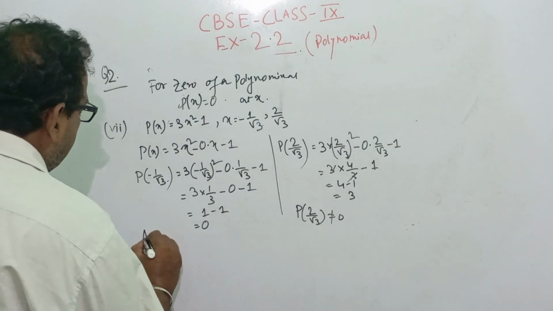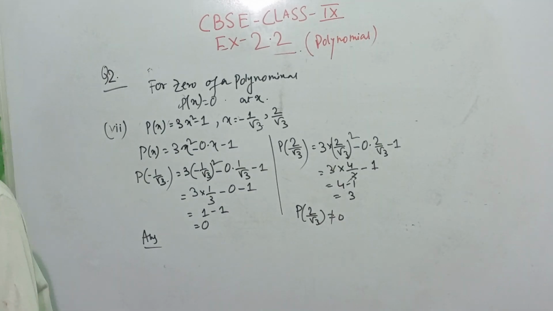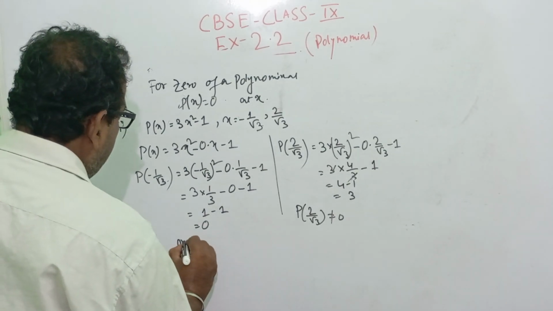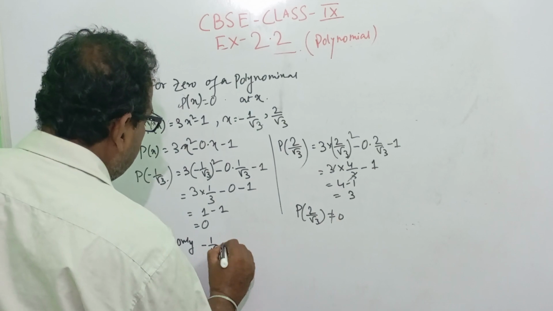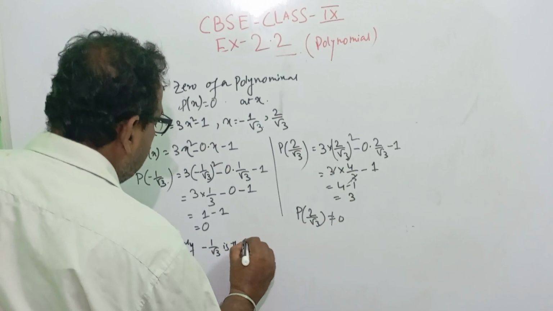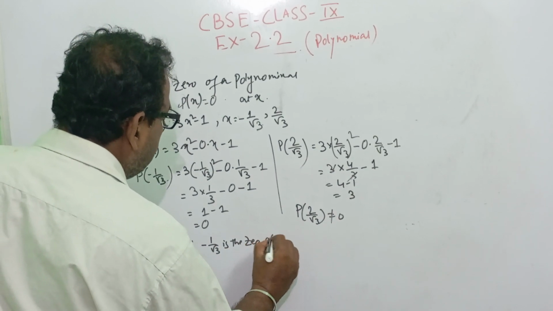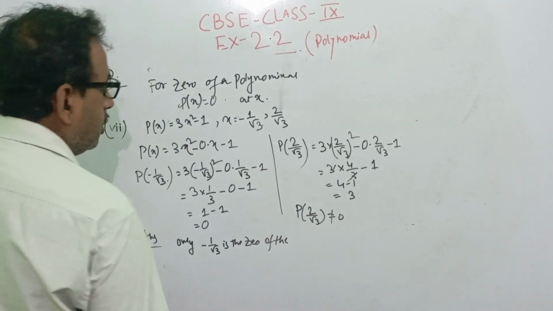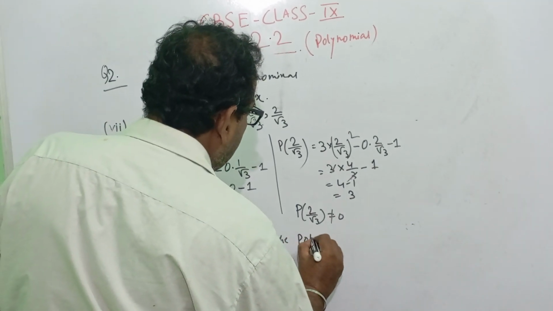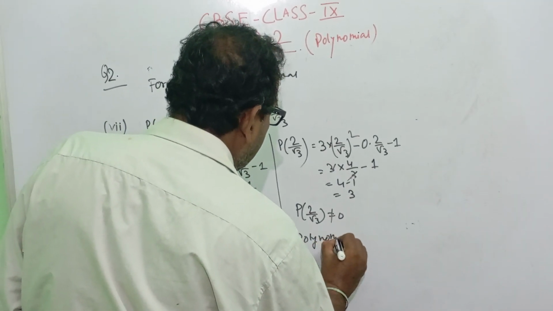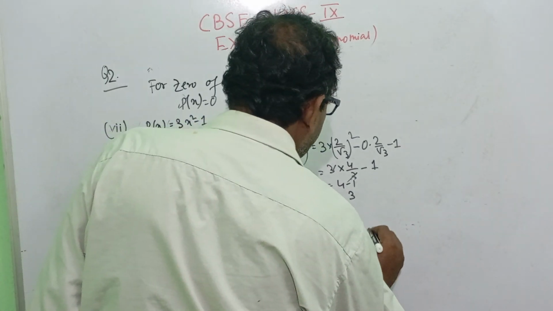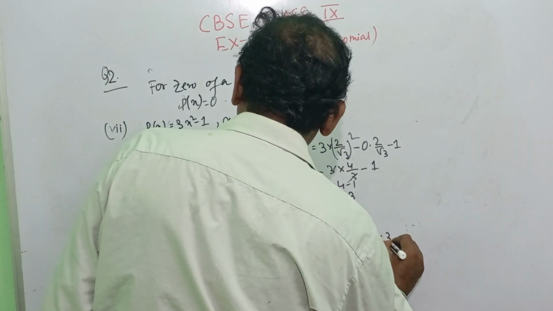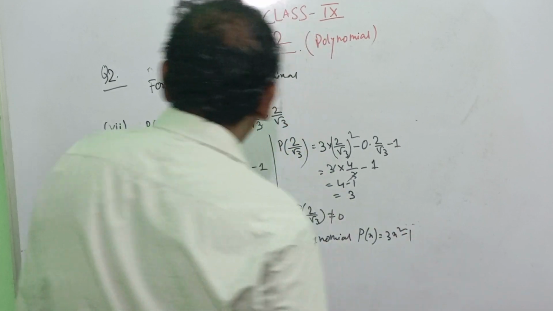So the answer is only minus 1 by root 3 is the zero of the polynomial p(x) is equal to 3x square minus 1.